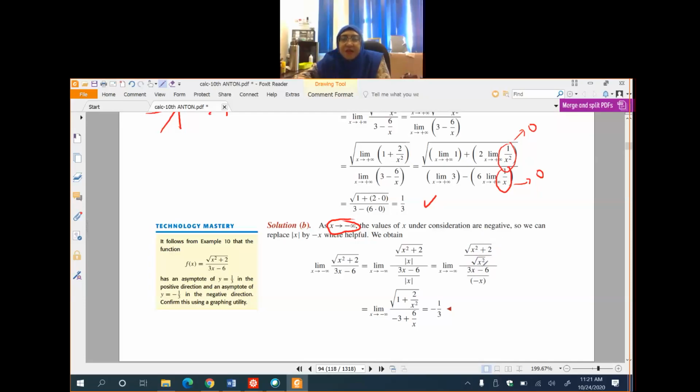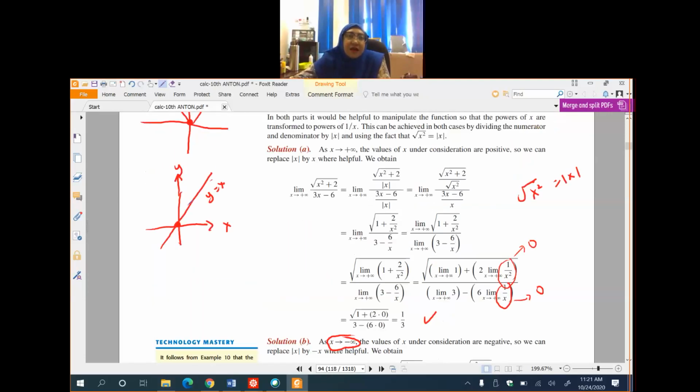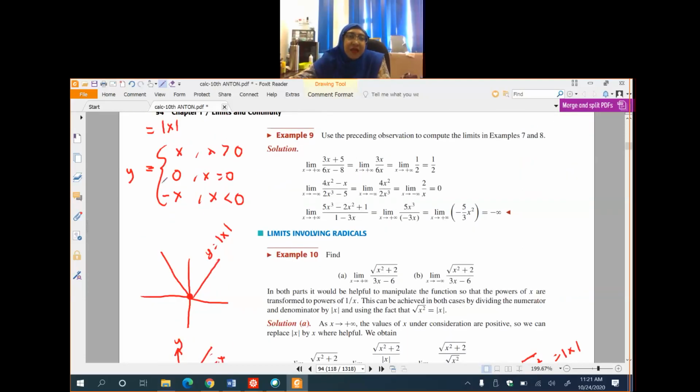But for the denominator, the absolute value of x, as x tends to negative infinity: if you look at this function here, for x less than 0, it means that as x tends to negative infinity, y will be negative x.